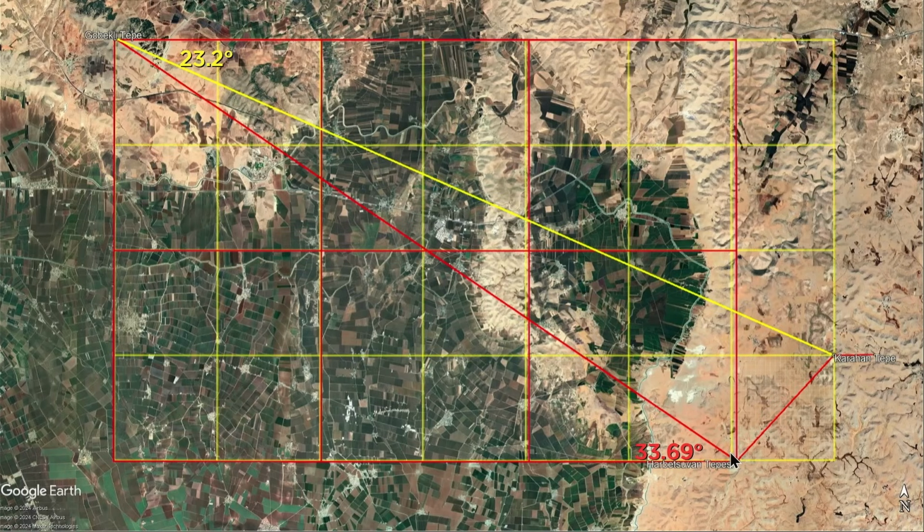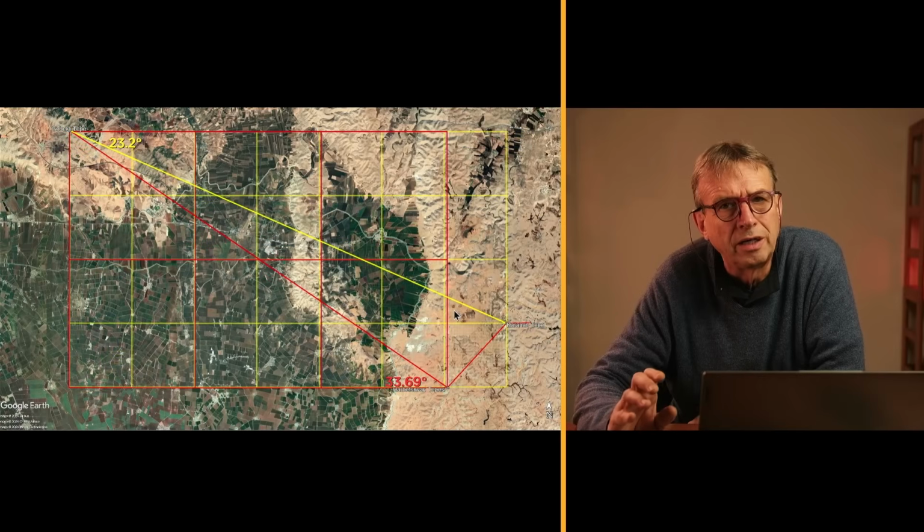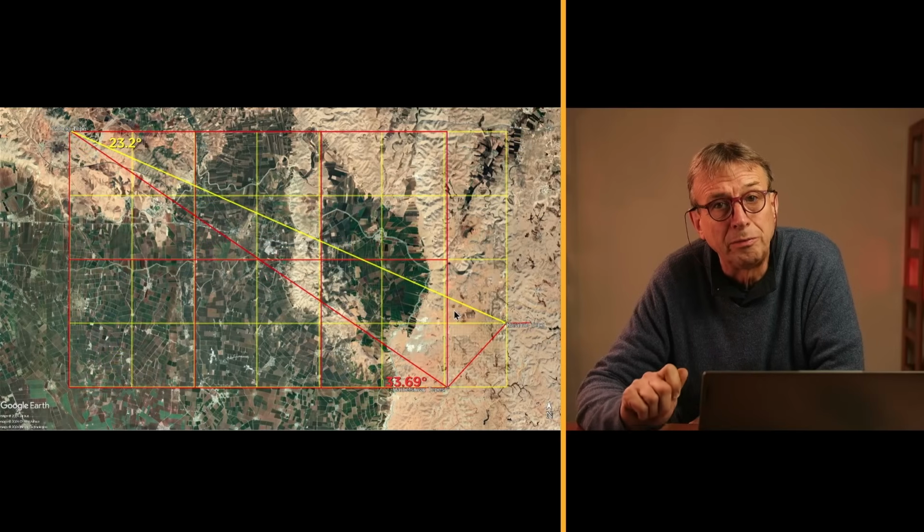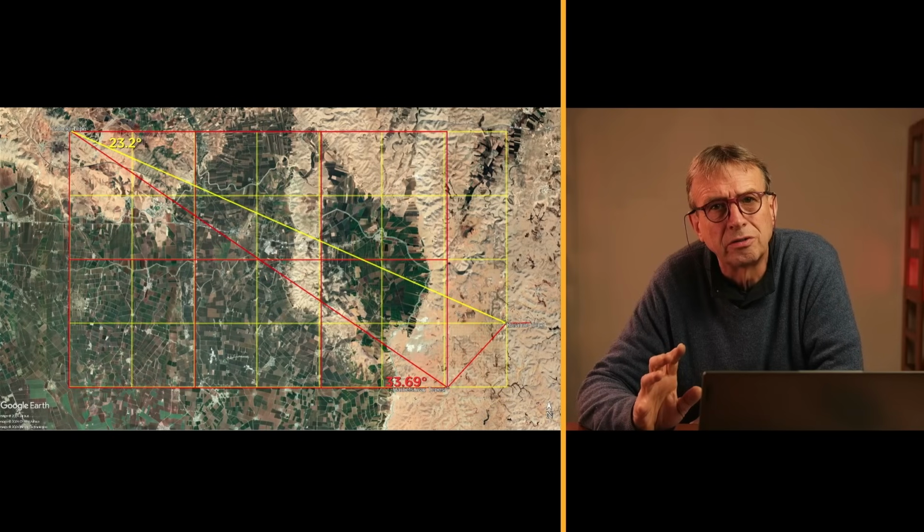The red line is the 2x3 grid, and the yellow would be 4x6. It's not exactly over it. And what seems to have been done here by the builders is they seem to have taken into account the Earth's curvature using geometry to compensate this difference.